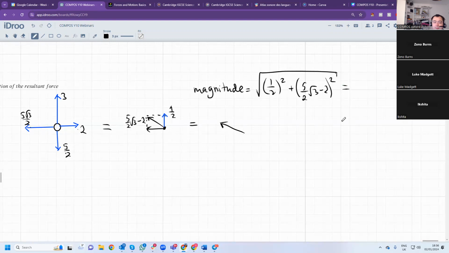I'm not going to bother trying to find the exact value. I'll just use my calculator. 0.5 squared plus 2.5 root 3 minus 2 squared.